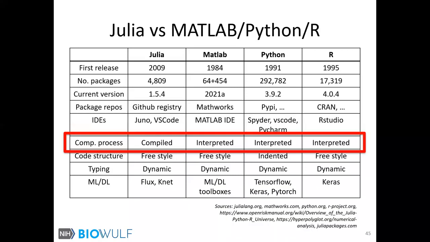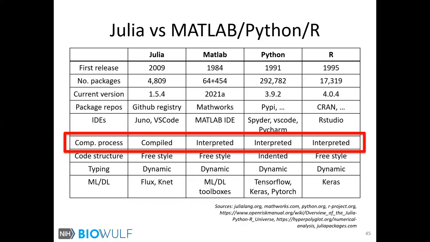So the next item is the computational process. I realize there's not a clear-cut distinction between compiled and interpreted languages, especially since what is compiled or interpreted is not really the language, but the implementation of a language. So a language could have compiled implementations as well as interpreted implementations.